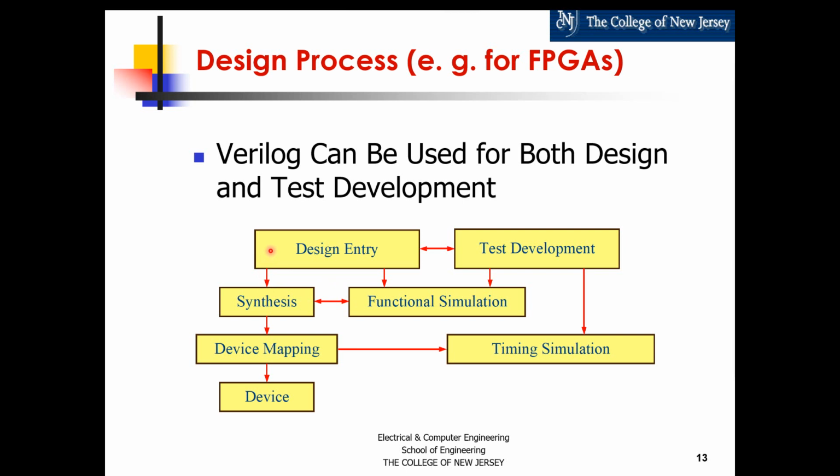And I don't want it to go above this much power, so power can also be a constraint to the synthesis tool. So the constraints, together with your clean post-functional simulation design, go into the synthesis tool. Once you synthesize, that's the logic synthesis part, you map it to an actual physical device. In the case of a Xilinx tool, it would be a Xilinx FPGA.